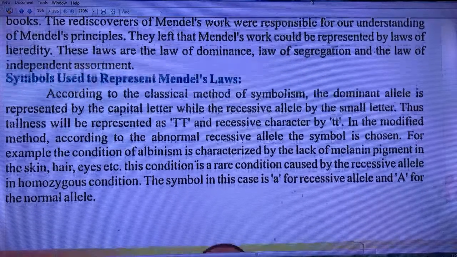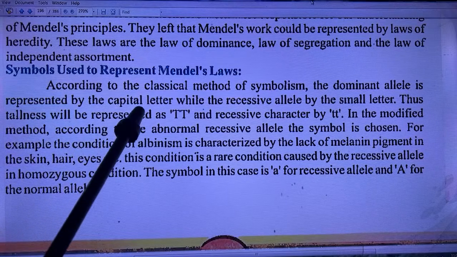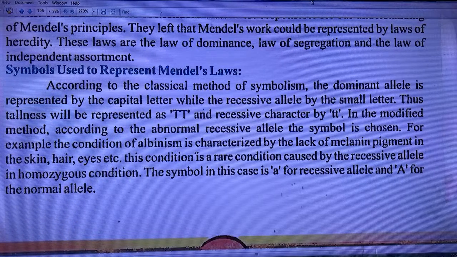Symbols used to represent Mendelian laws. According to the classical method of symbolism, the dominant allele is represented by a capital letter while the recessive allele is represented by a small letter. Thus, tallness will be represented as capital T, and the recessive character by small t. In the modified method, according to the abnormal recessive allele, the symbol is chosen.